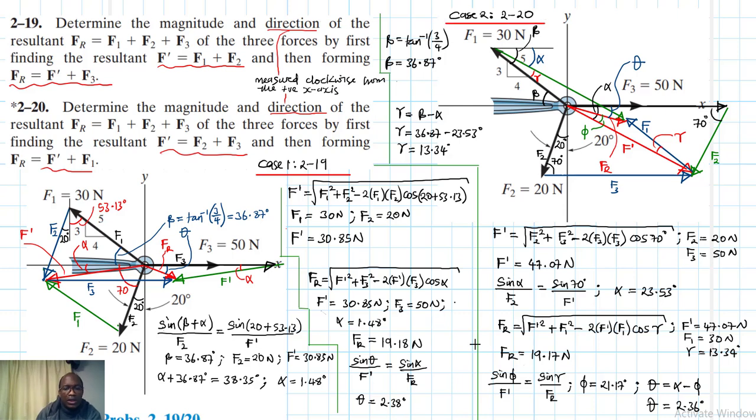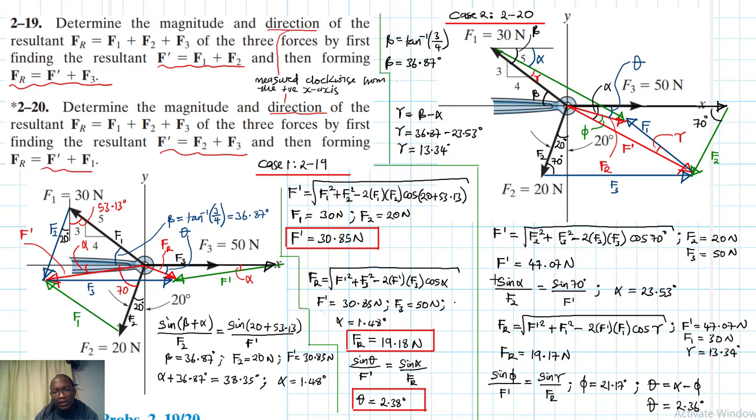Great. So let's outline all the solutions. We have F prime for the first case, which is 30.85, and then we have the resultant for the first case, which is 19.18. Then finally we have the direction for the resultant, measured clockwise from the positive x-axis.